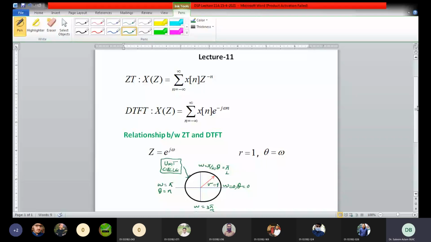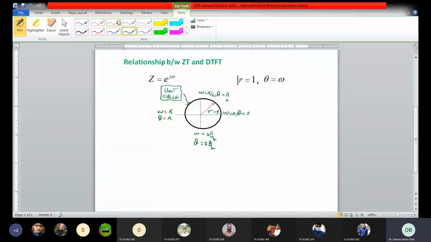So when we study chapter number 5, by staying at Z transform, we will get some interesting properties about the magnitude and the phase response of a system. And that's only possible because the relationship exists between Z transform and discrete time Fourier transform at r is equal to 1, right?